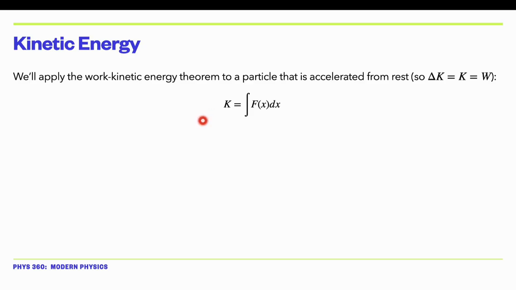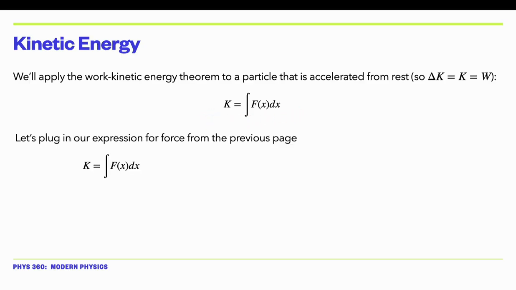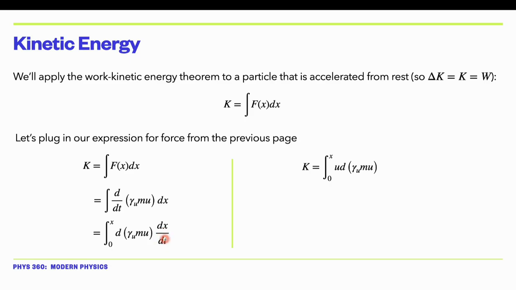So kinetic energy is the integral of F dx. We're going to use our expression for Newton's second law, plug it in. So remember, the force is the time derivative of the momentum. So we're plugging in for momentum, gamma m u. We're going to move this dt over under the dx, leaving just a differential here. dx/dt is just the velocity u. So this dx/dt comes over here to that u, and then again we have a d(gamma m u).